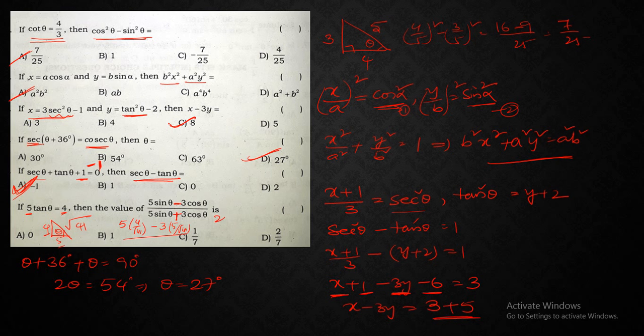So 5 4s are 20 minus 15 divided by, here also 5 4s are 20, 3 5s are 15, so plus 15. So 20 minus 15 is 5 by 20 plus 15 is 35. So 5 by 35 is nothing but 1 by 7. So answer is 1 by 7.